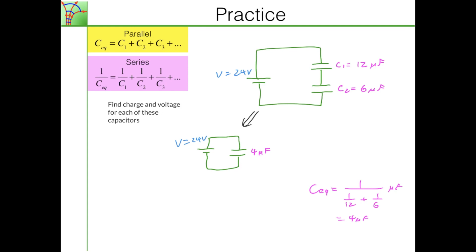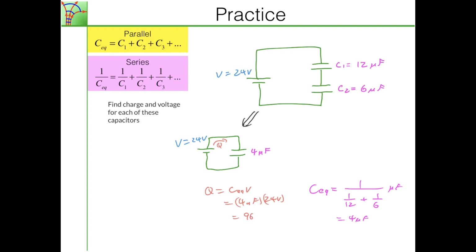How much charge is going to come out? Well, to find the charge, Q, we're going to use Q is equal to C equivalent times V. So the C equivalent is 4 microfarads and the voltage is 24 volts. So 4 times 24 is 96.